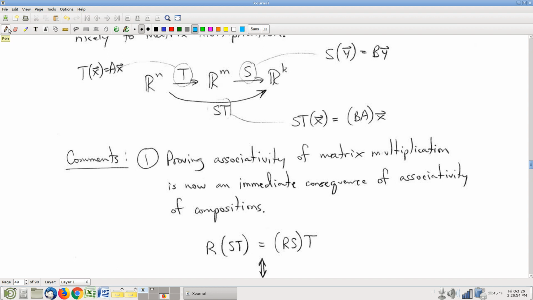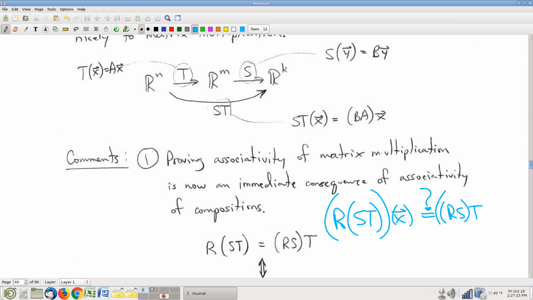If you want to show these two functions are the same function, well, by definition, what I need to show is that (RS)T of x is equal to R(ST) of x.